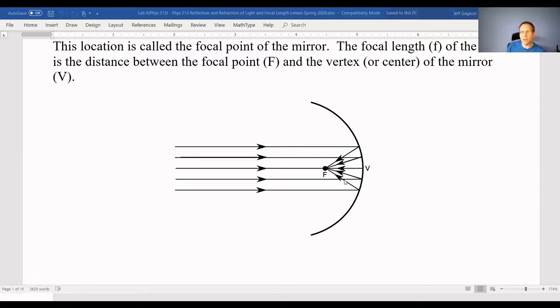They're going to intersect at one point. And this is called the focal point of that concave mirror. And then the vertex, the V here, is sort of just the center of the mirror. If you measure the distance from the focal point to that vertex, we have what's called the focal length of that concave mirror.